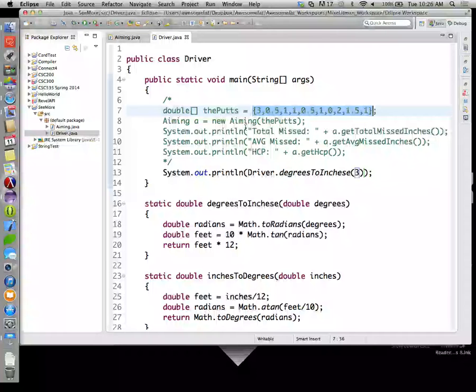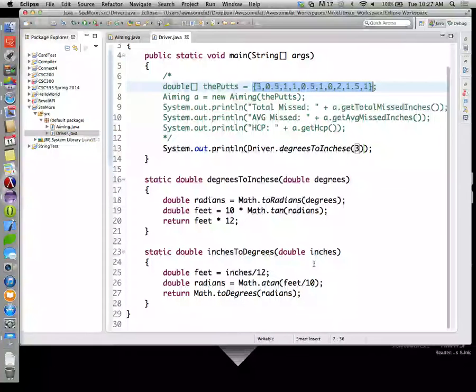But when the person is measuring this information, they're probably going to enter it in terms of number of inches. So we're going to need that conversion. We need to be able to pass in a number of inches and convert it to degrees in order to fill up our array here. That makes sense?